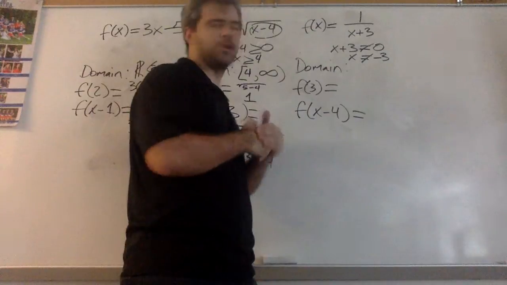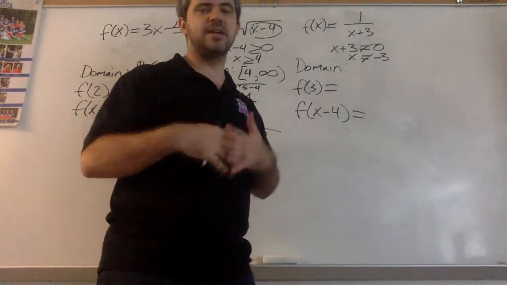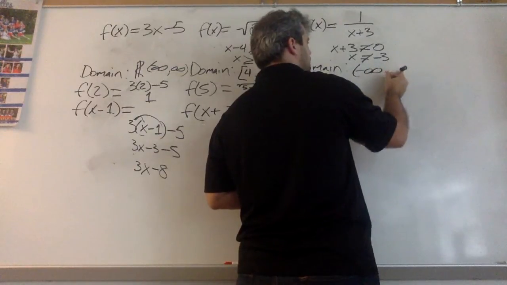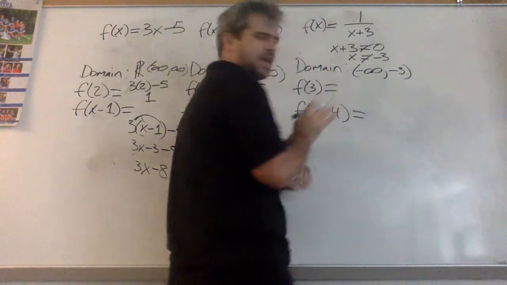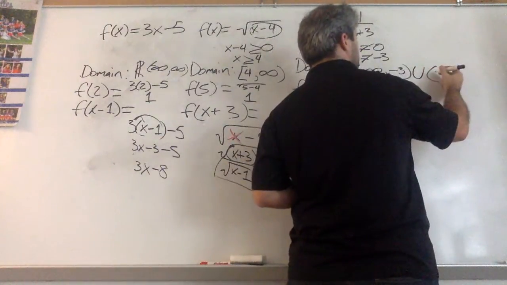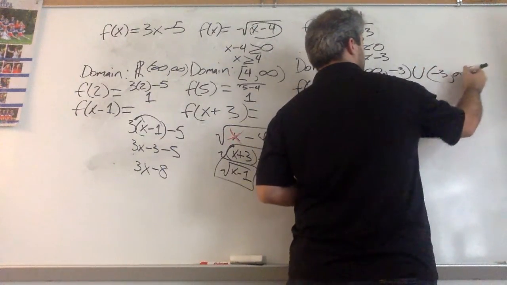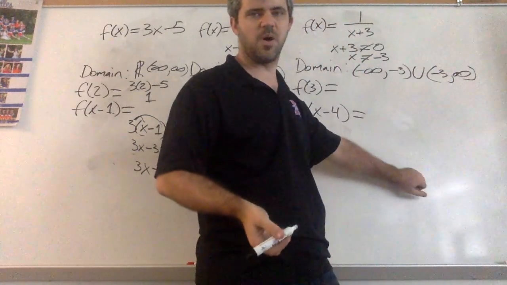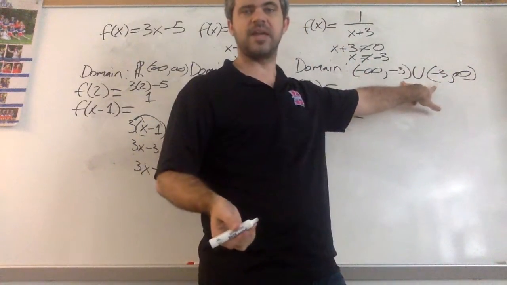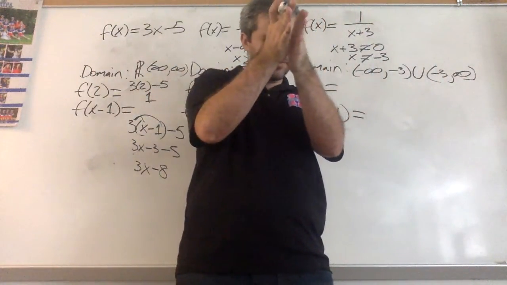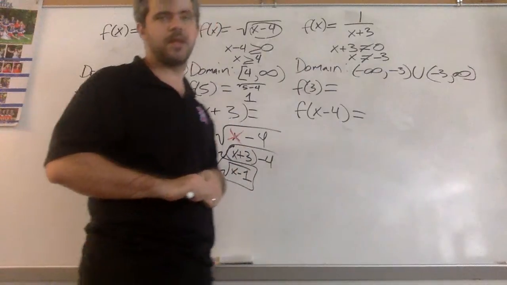So our domain can be everything but -3. So all the way from -infinity all the way to right next to -3, union -3 to infinity. Basically, there's just a tiny little hole here with where -3 is. So everything below -3, everything above -3, but there's a hole there.